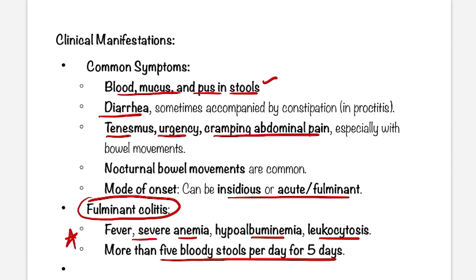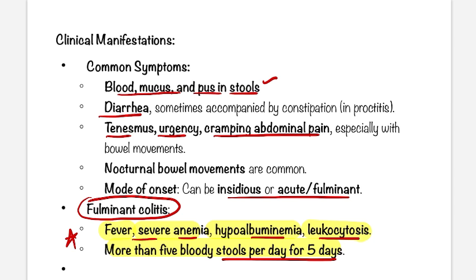So this is important. How is this important? Just understand. A patient comes to you with more than 5 bloody stools per day for 5 days, with fever. You do a blood investigation: severe anemia, hypoalbuminemia and leukocytosis. What is the diagnosis?